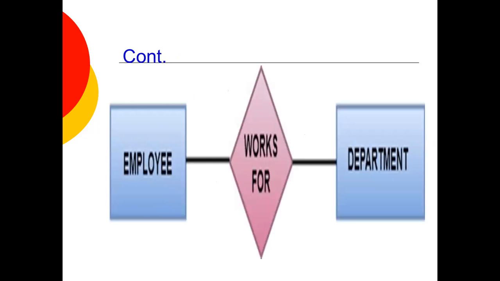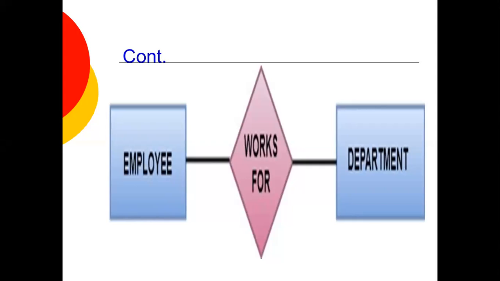Here we can see employee. This is again an entity, department again an entity, and how are we going to create the relationship? Here we can see works for. Now you can see this is a diamond shape symbol, a special symbol in the form of a diamond shape, which provides the connectivity or interface between the employee and the department.